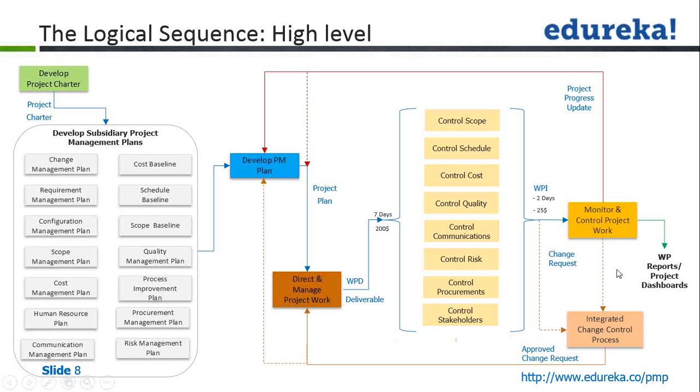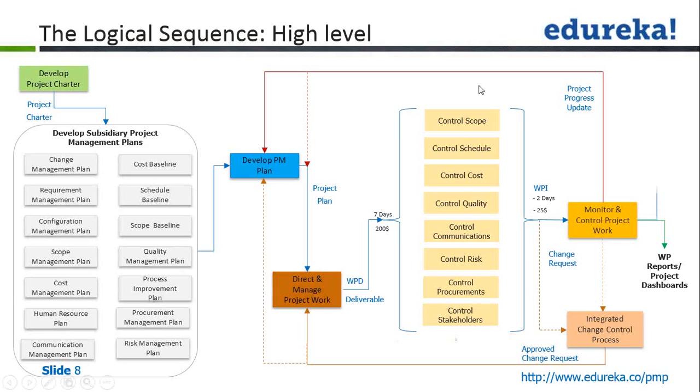And once the request is approved, you can see the output going from here to your develop project management plan. It means that changes will be updated into the plan, and the changes will be implemented in direct and manage project work if it requires any rework, or maybe for the next cycle of the next deliverable.